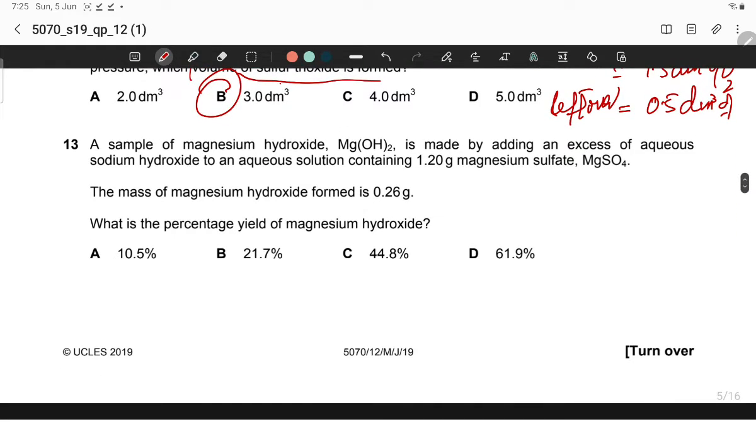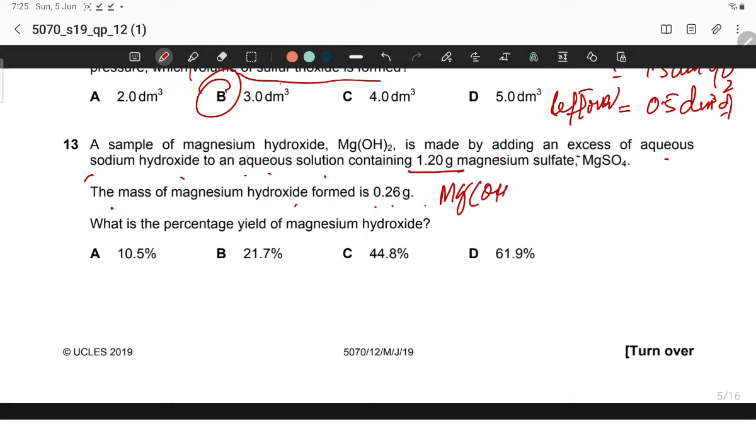Question number 13. A sample of magnesium hydroxide is made by adding an excess of aqueous sodium hydroxide to an aqueous solution containing 1.20 gram magnesium sulfate. The mass of magnesium hydroxide is 0.26 gram. What is the percentage yield of magnesium hydroxide?